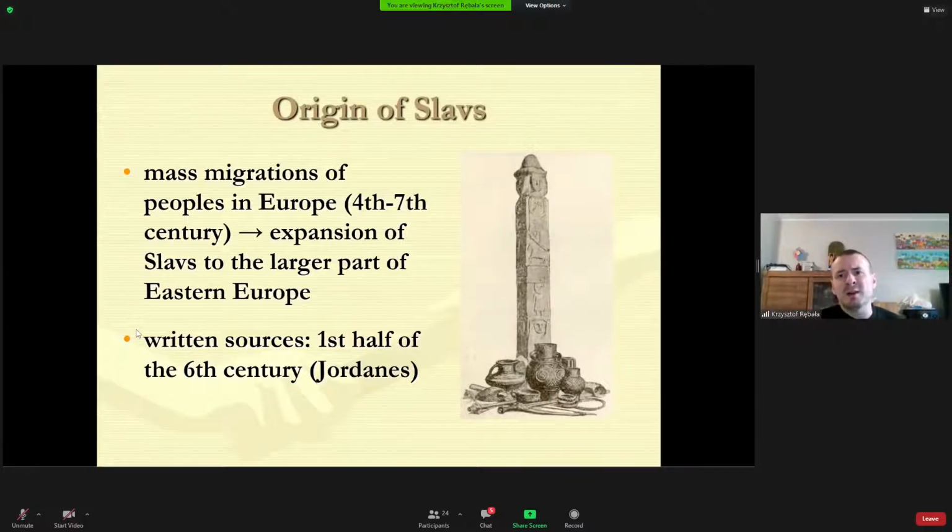We know that at the turn of the antique times and the Middle Ages, the mass migrations of peoples in Europe took place, and these mass migrations, which were initiated by the invasion of Huns to Europe, resulted in expansion of Slavs to the larger part of Eastern Europe.